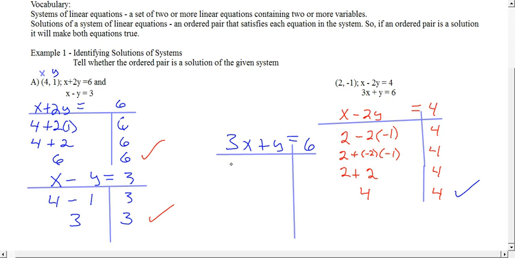So this will be 3 times 2, plus a -1 is equal to 6. Don't forget that -1 and what it represents here. So now we're looking at 3 times 2, which is 6, plus a -1 is equal to 6.